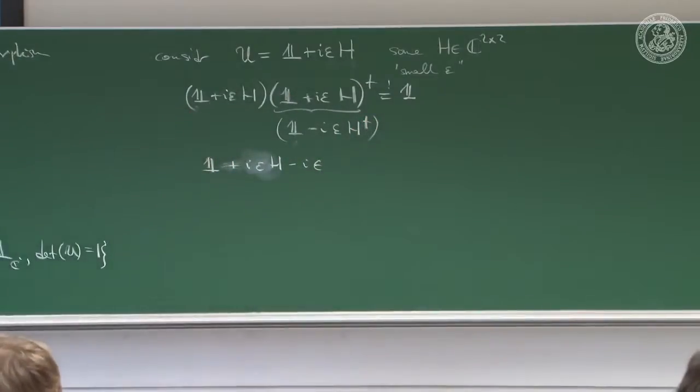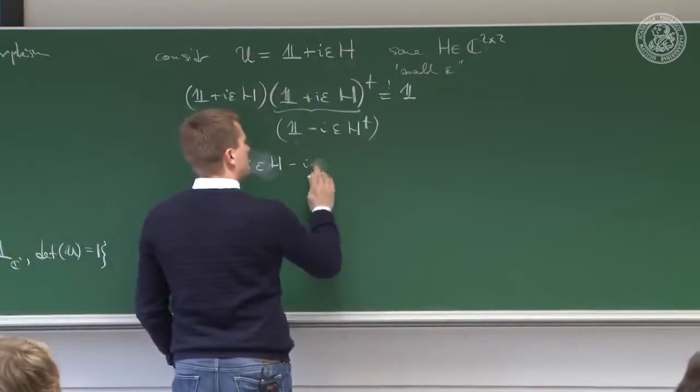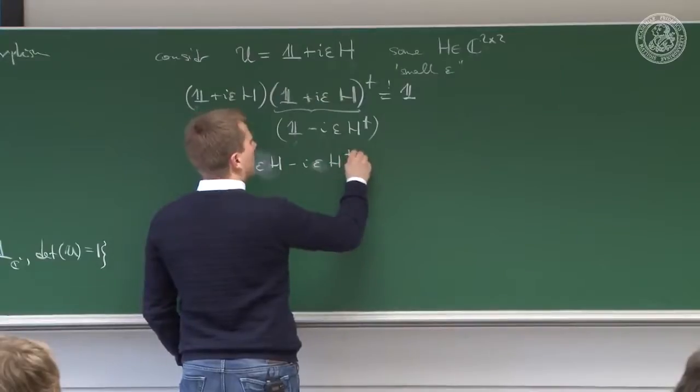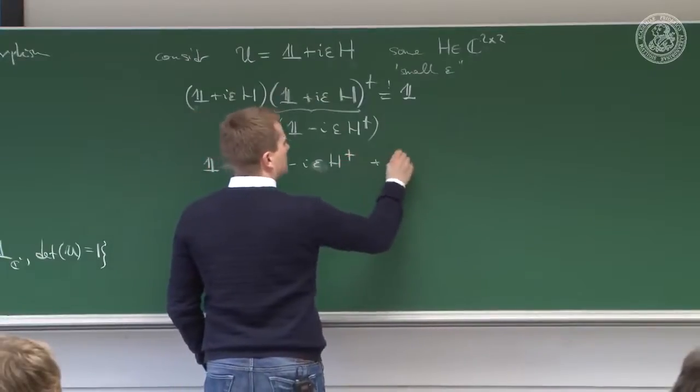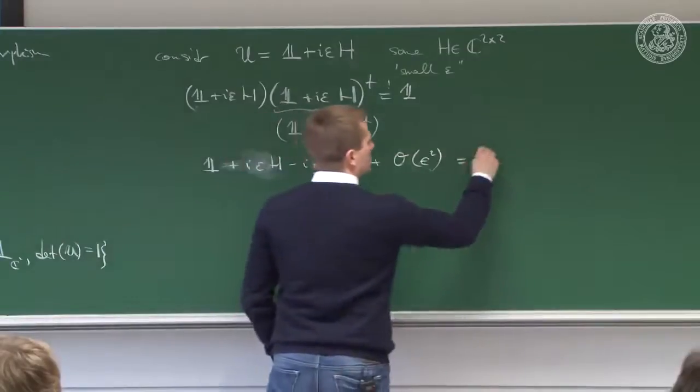So the 1 with the 1, now comes plus i epsilon h, minus i epsilon h dagger, and then comes a plus order of epsilon squared term, equals 1.